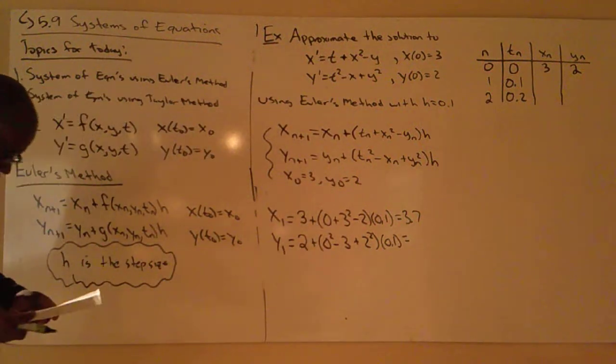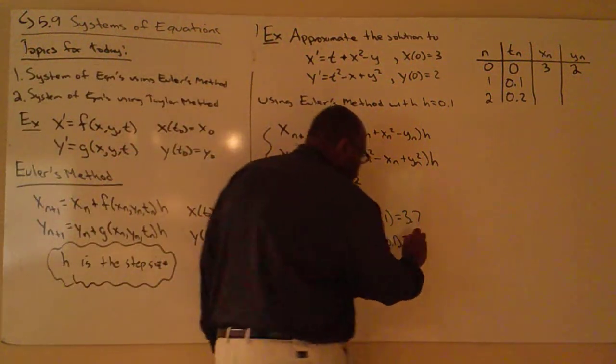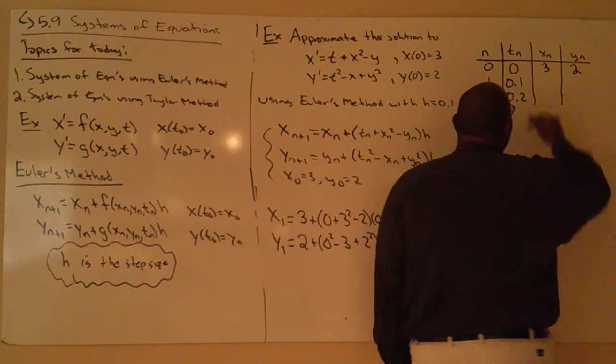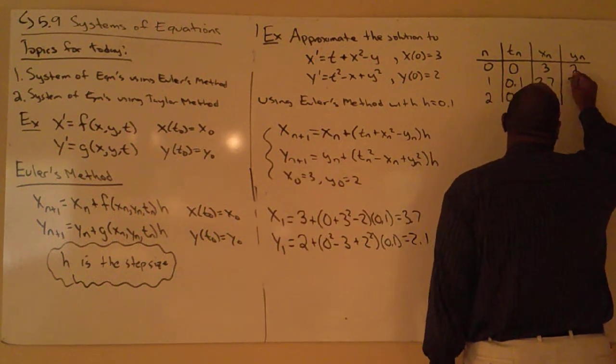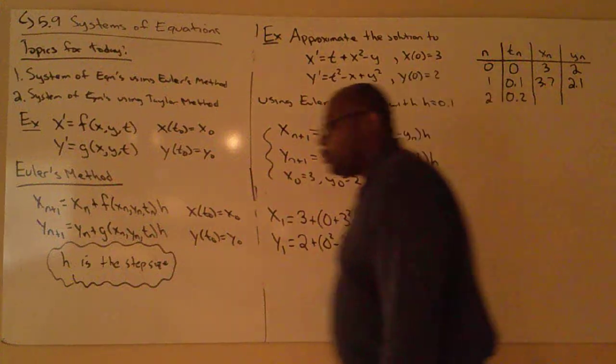When you work that out, you get 2.1. So I'm going to put 3.7, 2.1 there.